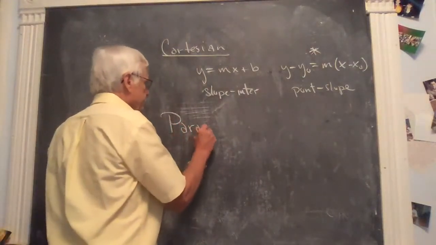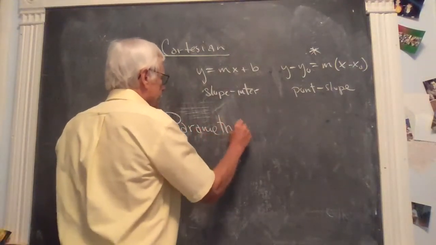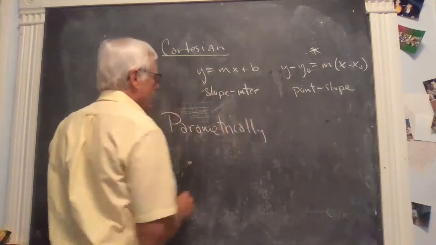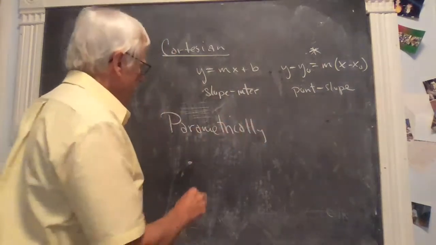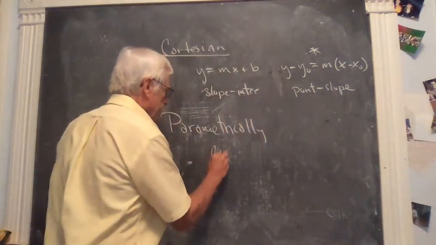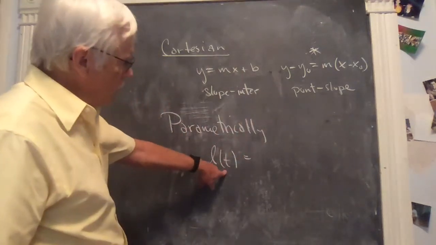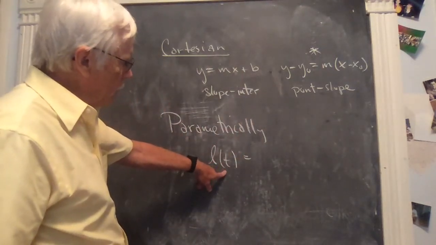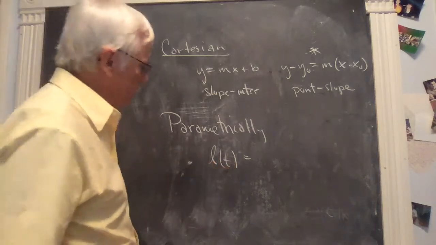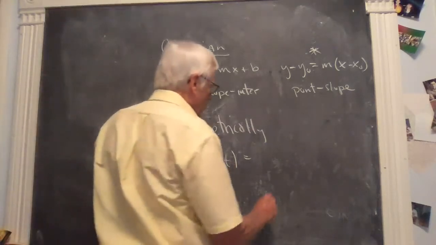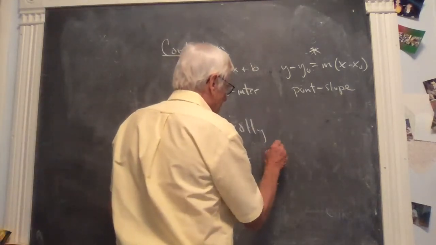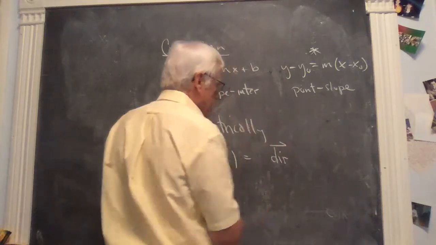Parametrically, these are functions, or I look at them as functions. So a line will be a one-dimensional object. A line is a one-dimensional object. We'll need one variable to describe it. So you will need a direction, and that direction will be a direction in the plane.